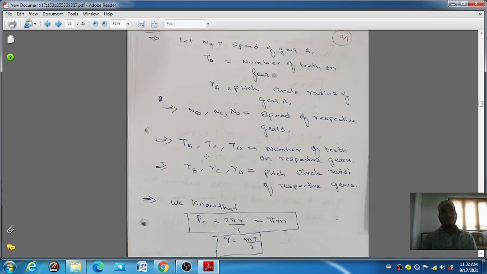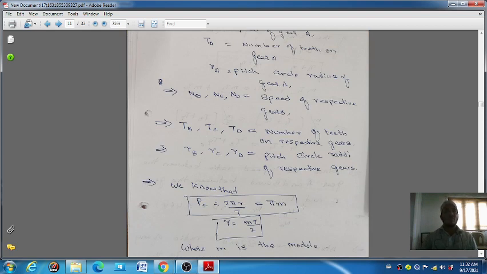Then we know very well the formula for the number of teeth on each gear: T is equal to pi D by the circular pitch PC. First we find the circular pitch, then substitute the circular pitch value in the number of teeth formula. Then only will we get the number of teeth.